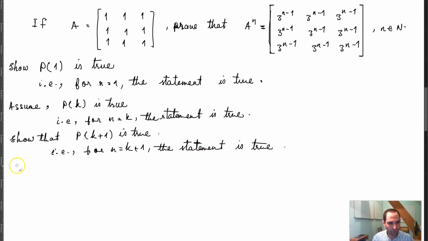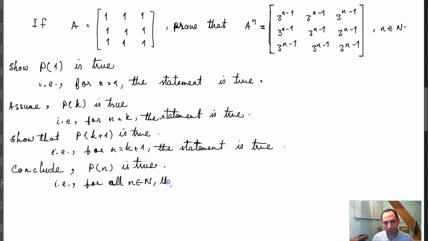And therefore conclude that P of n is true, that is, for all n belonging to the natural numbers, the statement is true.